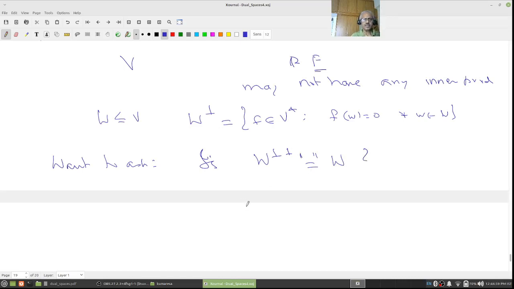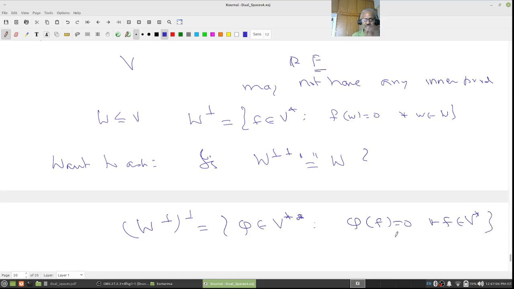Now notice that I have to make sense out of this question even. Why? Because W perp perp will be some functionals phi in V double star, so that phi of f is 0 for every f in V star.